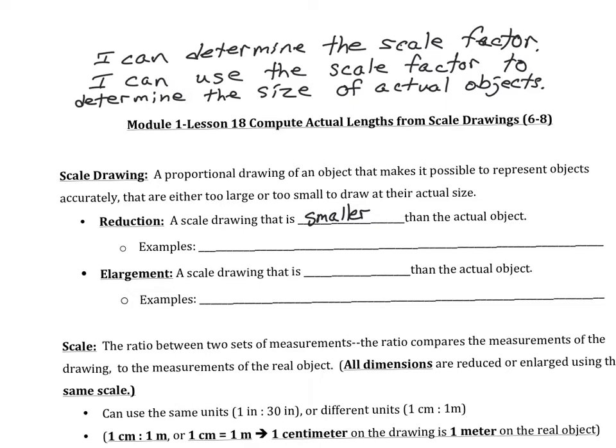A great example of that is a building, a jet airplane, all kinds of different objects that we know are too large. Football field. We don't draw out a football field in real size. Those are great examples of reductions.